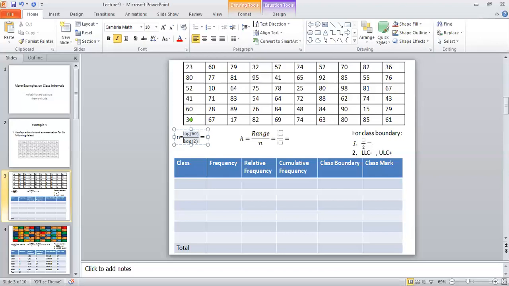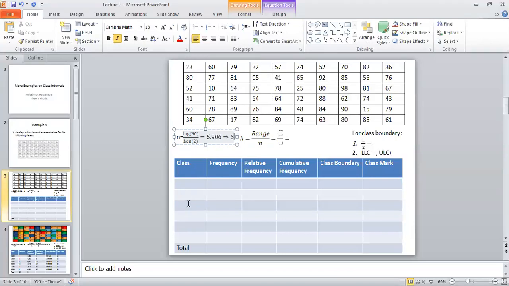This basically means we have to round it up to the next higher integer value, which is 6. So in all we can have 6 classes over here to sufficiently summarize it.